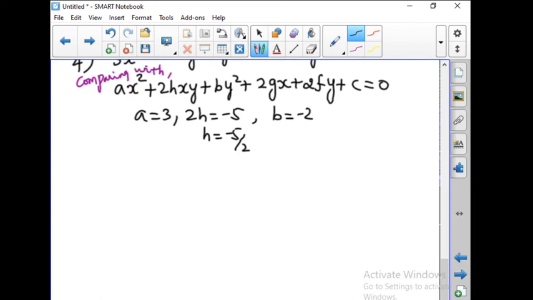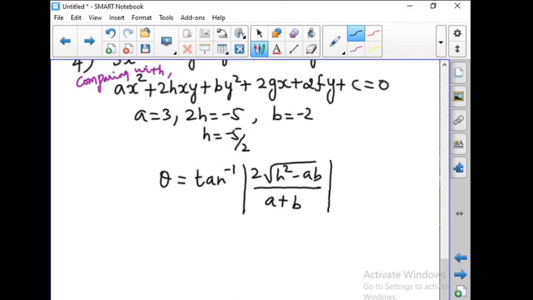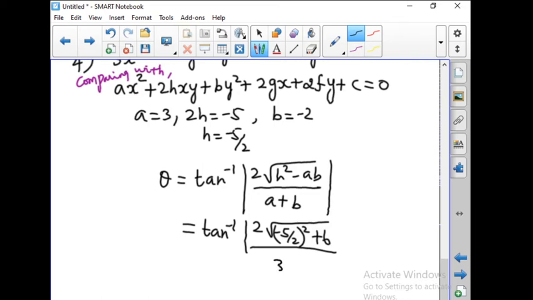சரியா? So now let us go to the formula. Theta is equal to tan inverse of 2 into root of h square minus ab divided by a plus b. So this is equal to tan inverse of 2 into root of h square value here is minus 5 by 2 whole square minus ab is minus 6, so it will become as plus 6 divided by a plus b is 3 minus 2.